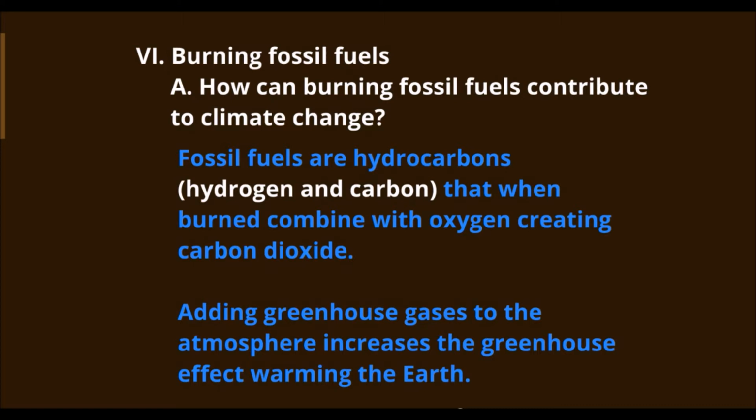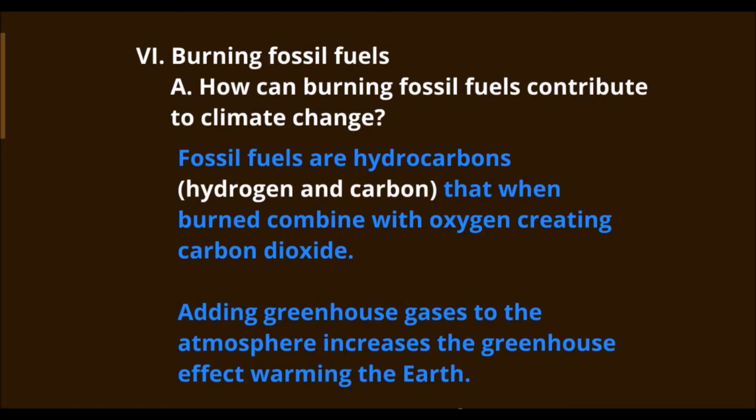When we burn them, it combines with oxygen and it creates carbon dioxide, puts the oxygen with the carbon and oxygen with the hydrogen, and actually also makes carbon dioxide and water vapor. When you burn fossil fuels, you're giving off carbon dioxide and water vapor. Now, both of these compounds are greenhouse gases that we're adding to the atmosphere.